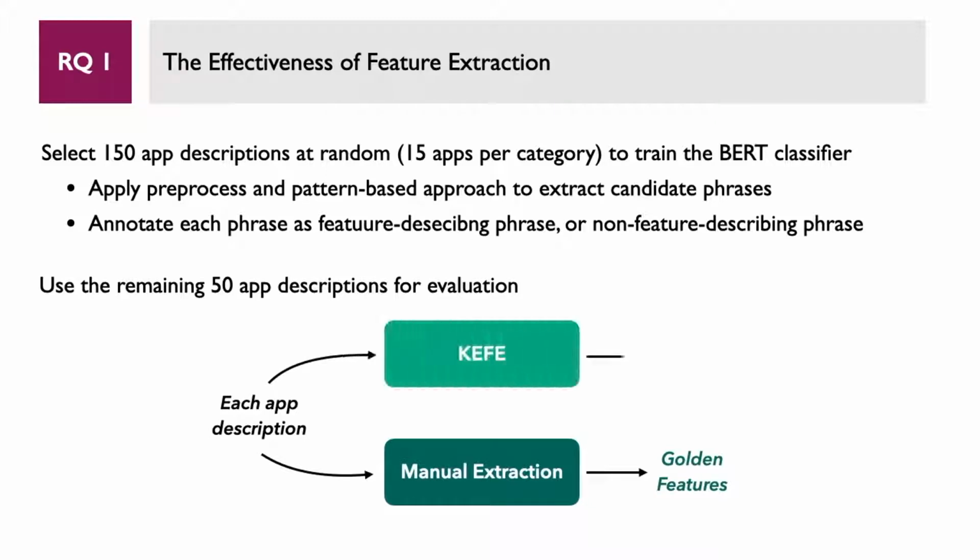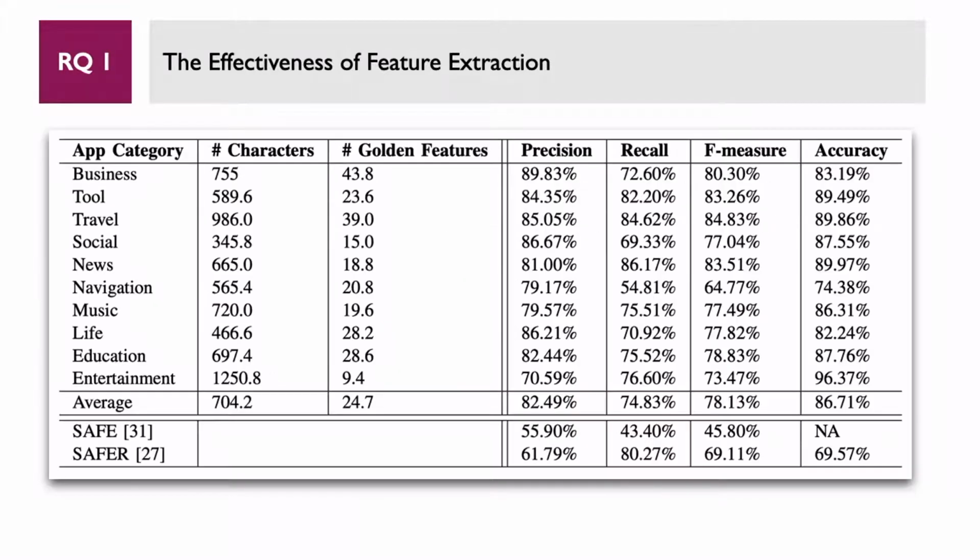Then, by comparing the features extracted by KEFE against these golden features, we can calculate metrics such as precision and recall for the evaluation. According to the results, we can see that KEFE is effective in feature extraction. On average, it can achieve a precision of 82% and a recall of about 75%.